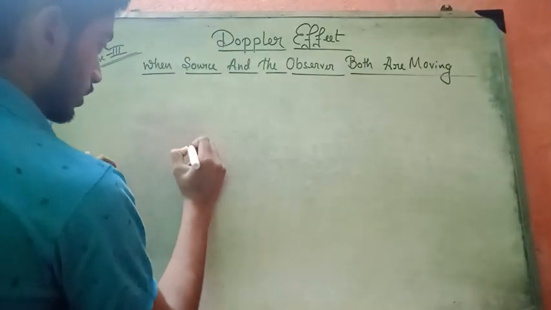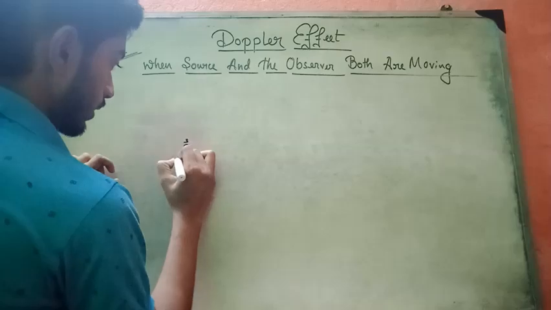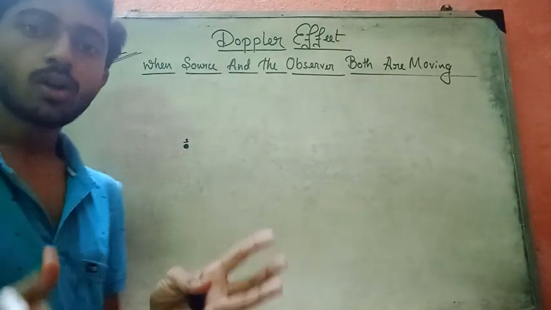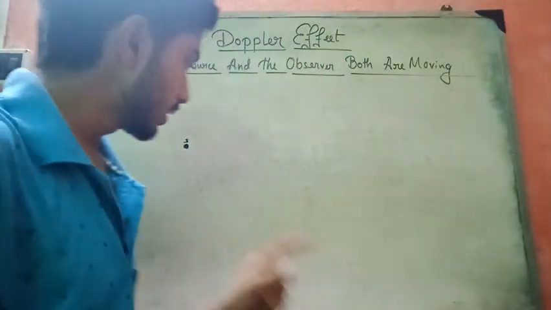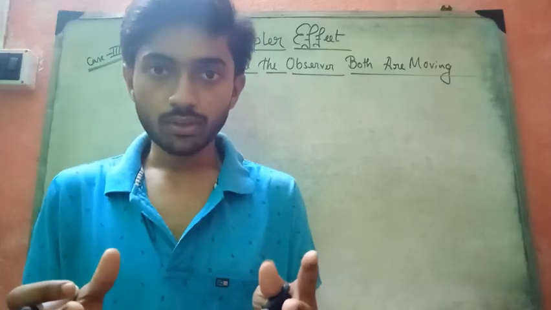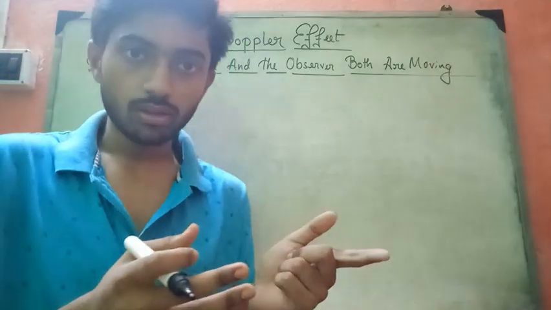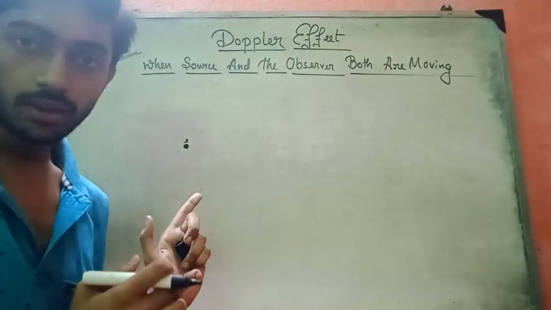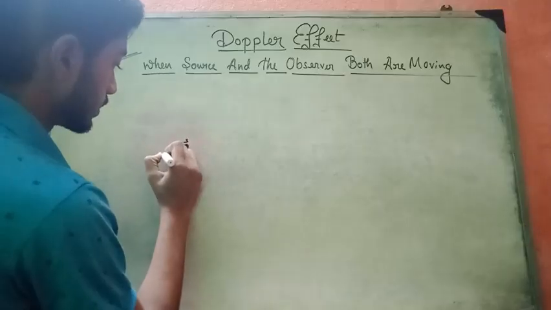So here this is the source S, and it is moving with some velocity which is denoted by Vs. As usual, the wavefront of the sound which it is emitting is spherical, and as it is moving it is just like that.